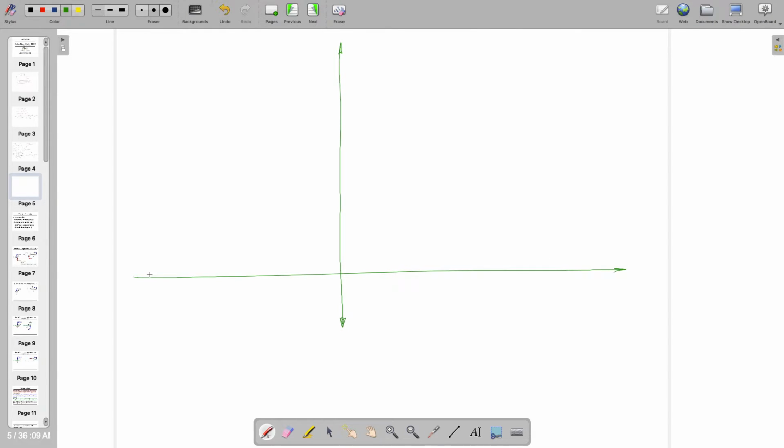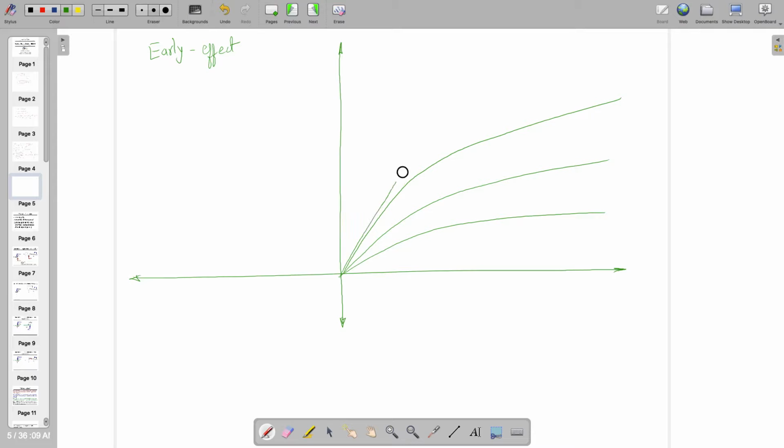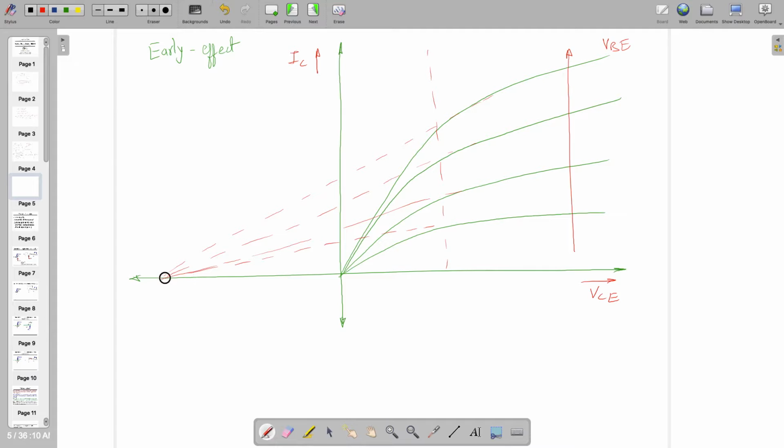Let's talk about the Early effect first. So in the case of the Early effect, if I draw, right, when we are extending this, it will meet only at one point.